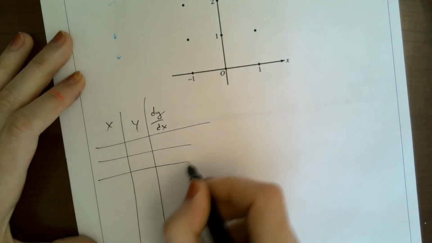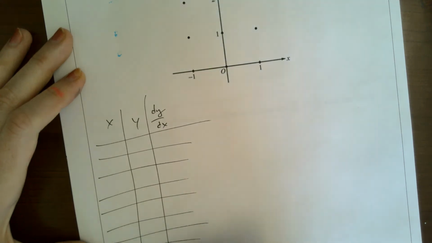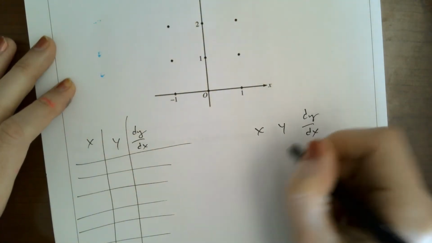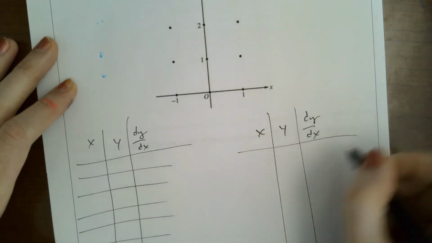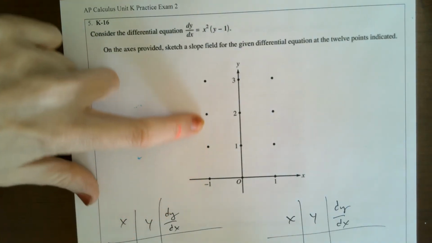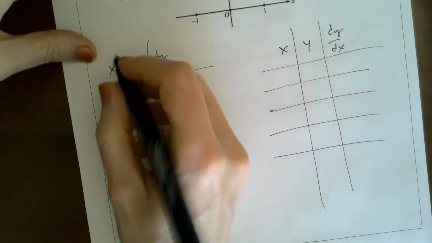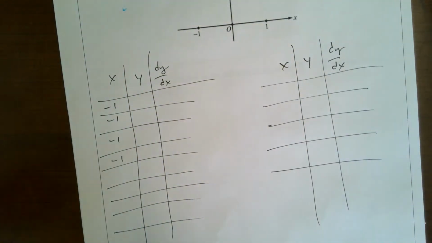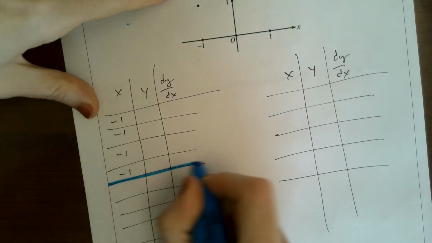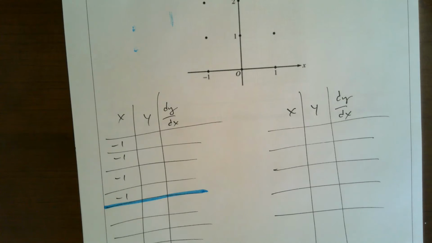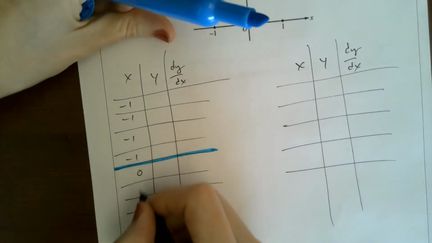Okay. 1, 2, 3, 4, 5, 6, 7, 8, and then x, y, dy dx, 1, 2, 3, 4. Okay, so first I'm going to write down -1 4 times because I'm going to have 4 points with an x value of -1. Then I'm going to write down 0 4 times in the x column.